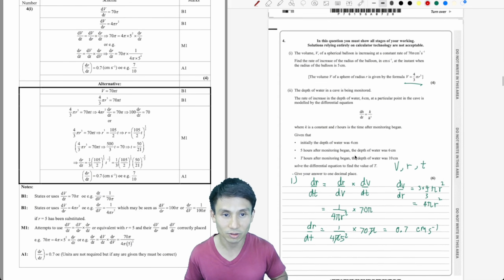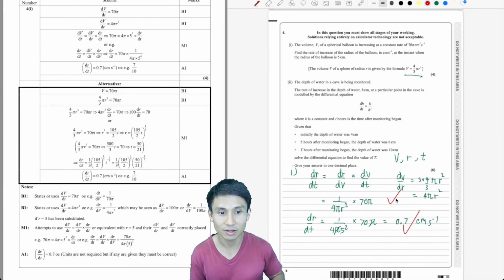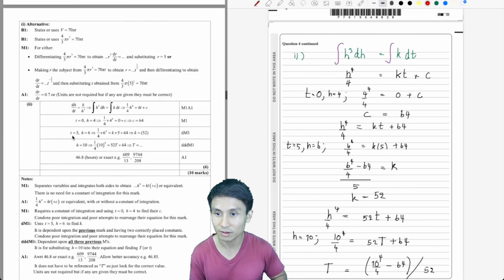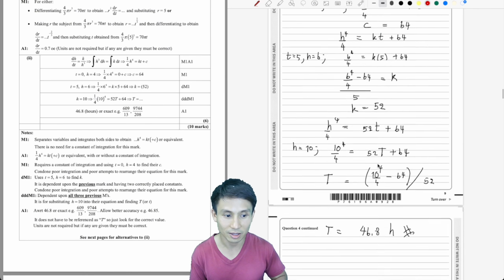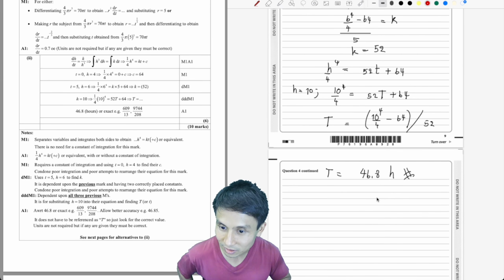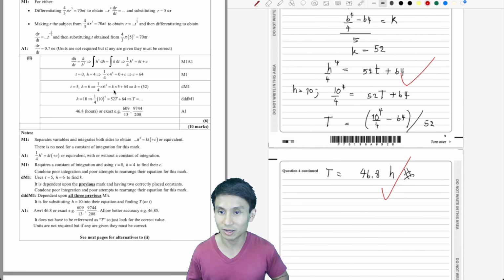Number 4. dr by dt is 0.7 right here. And then, that's a long one. Okay, I got, whoa, something a little different. Yeah, 46.8. Award 46.8. Yeah, I got 46.8, so I'm fine there.